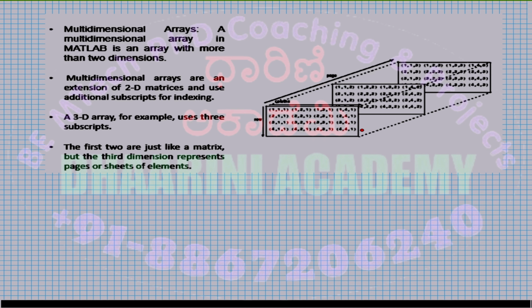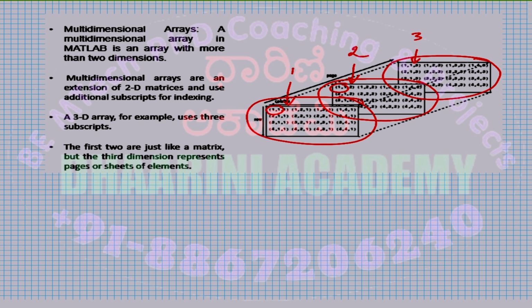The matrix has been extended to C. The first two indices are going to repeat: 1 comma 1, 1 comma 1, 1 comma 1. What changes is the third subscript. It is 3 for all the elements in the third page, 2 for every element on the second page, and 1 for every element in the first.